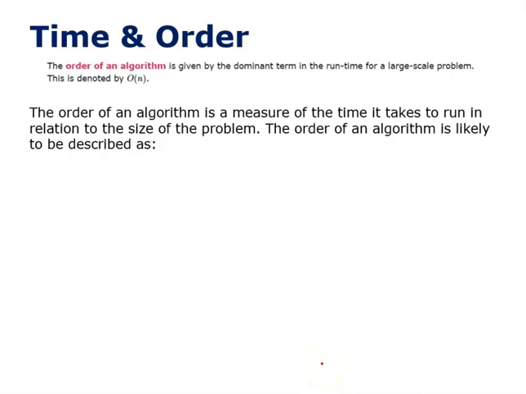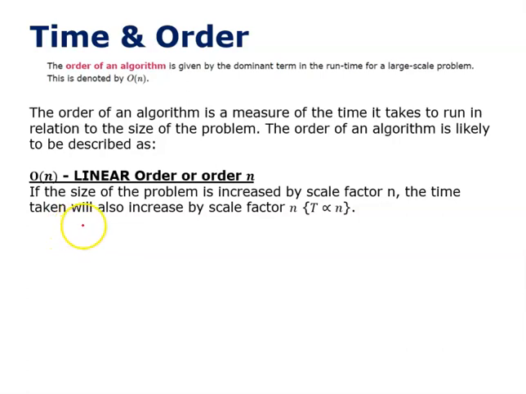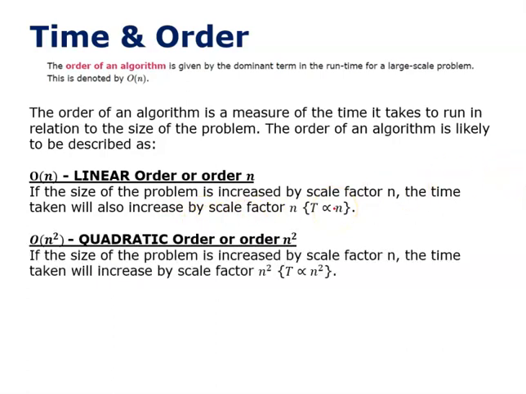Time and order of an algorithm then. Notice if it is linear, we often just write that as order n. And basically, as a problem increases in size, its time increases by the same scale factor. But that's not always the case. Quite the opposite, actually.